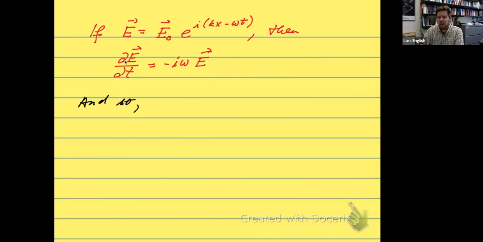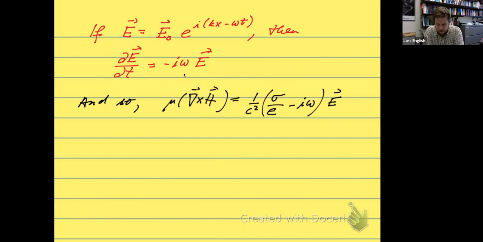And so taking a time derivative is basically the equivalent of multiplying by minus i times omega. Okay, and so we can write it in this fashion. So here it used to be a time derivative, but now I'm replacing it by minus i omega.